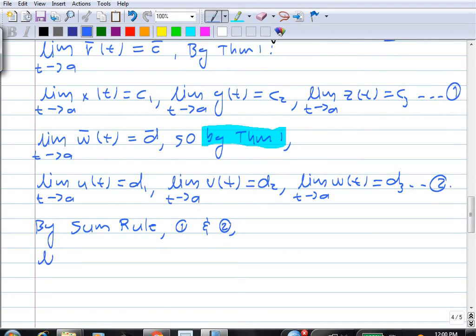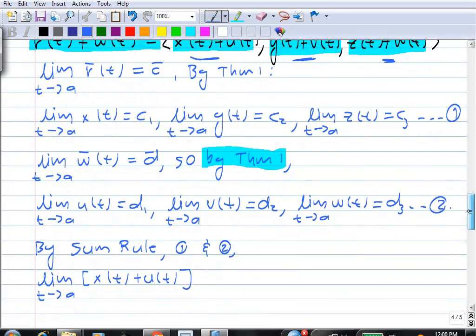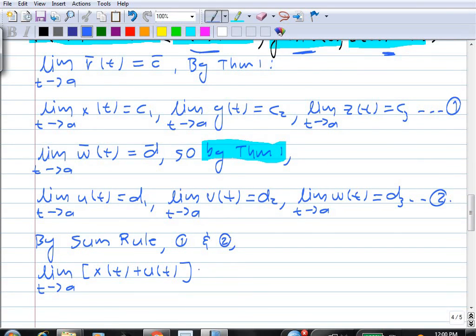The limit as t goes to a of x of t plus u of t, the first component of r plus w, exists and is equal to c1 plus d1.